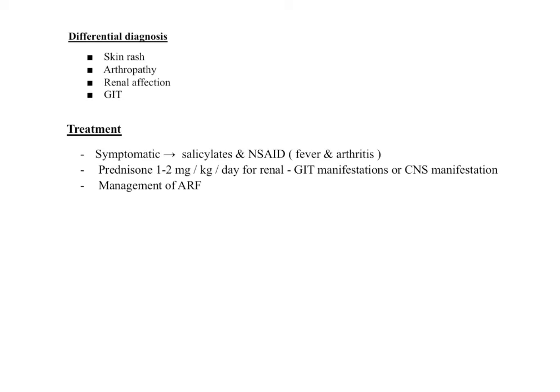Treatment: supportive treatment. In symptomatic patient, salicylate, non-steroidal anti-inflammatory drug. In severe cases, prednisolone 1 to 2 milligram per kg for renal, GIT, or CNS manifestation. Management of acute renal failure.